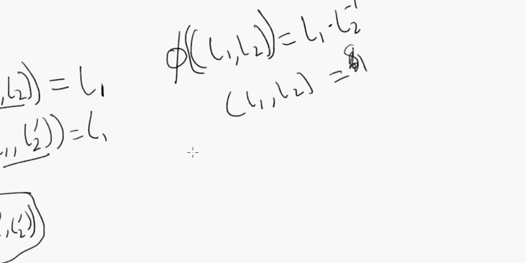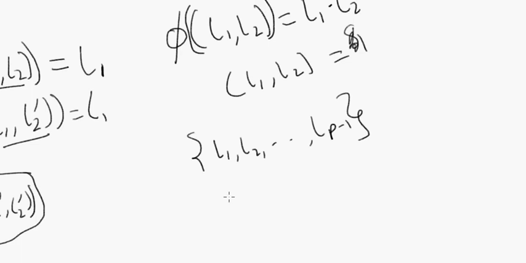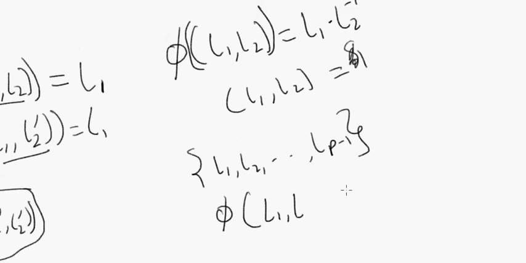Isn't that right? So, for instance, if we got the group L and wrote it like this, L1, L2, all the way up to L sub p minus 1, right? Can't we say that phi of L1 L1, right?